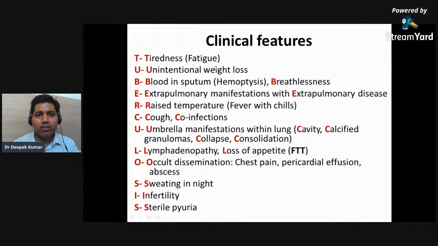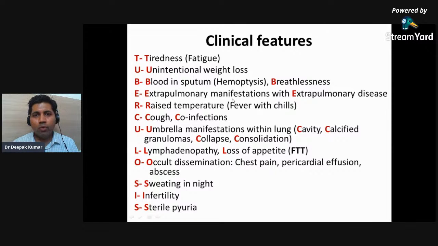So T for tiredness or fatigue, U for unintentional weight loss, B for blood in sputum, hemoptysis, or breathlessness. For breathlessness to happen, it usually takes some time. Then E for extrapulmonary disease. A patient with tuberculosis can have meningitis, life-threatening meningitis, or CNS tuberculosis can also present as just a stroke, where it causes vasculitis and that causes a stroke.